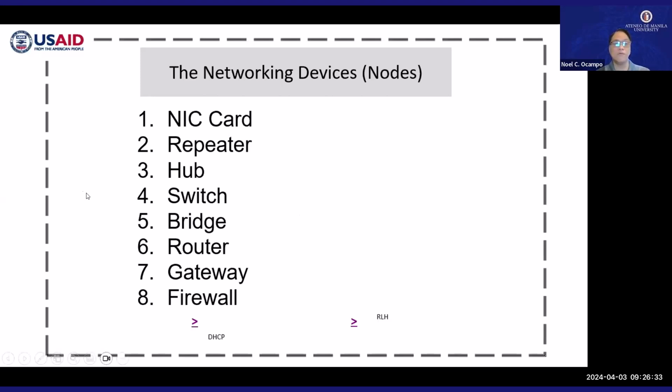All of these are covered by the course, but we will not discuss them one by one. I'll just go over them because most of you are IT practitioners and you already have experience with all these nodes.